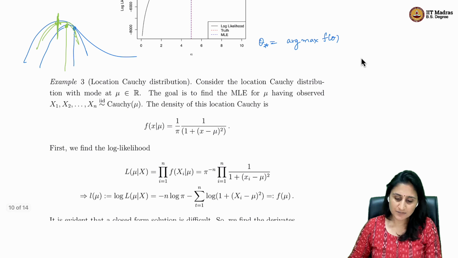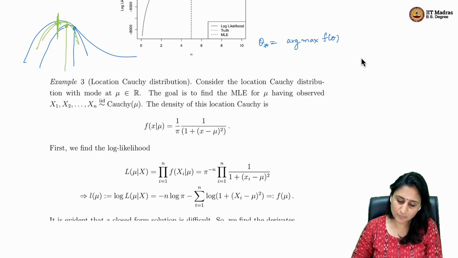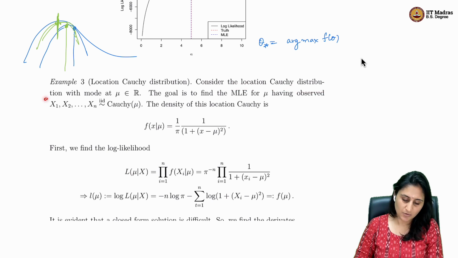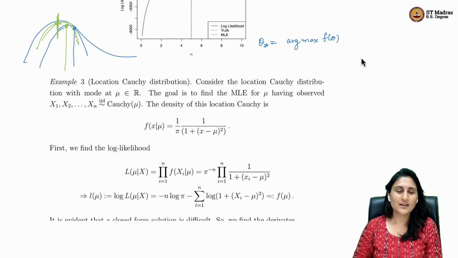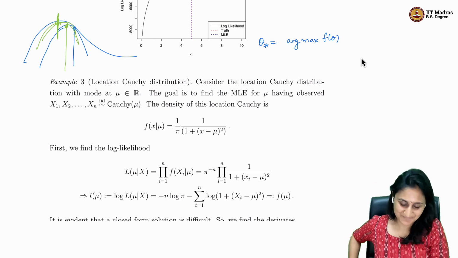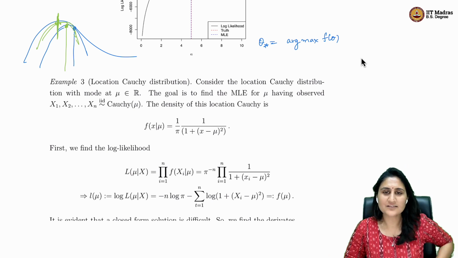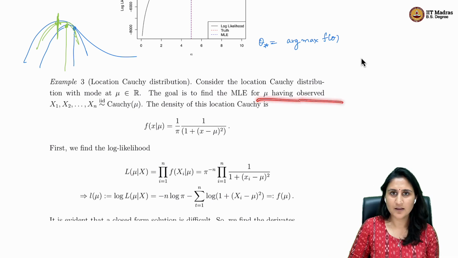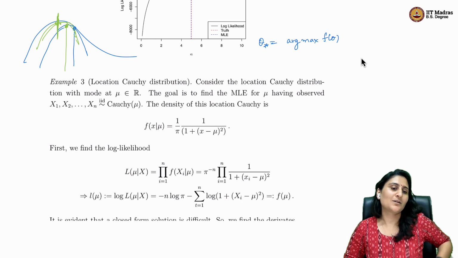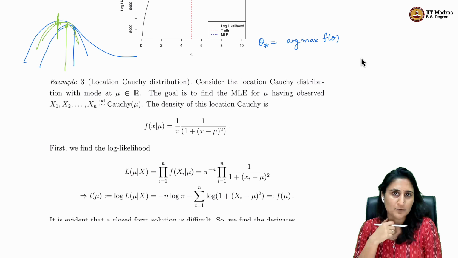So consider the following data where we have a location Cauchy distribution with mode at a value mu, a real value, mu in R. Now the goal is to find the maximum likelihood estimator for mu, having observed the data x1 up to xn, IID from this Cauchy with mode parameter mu.